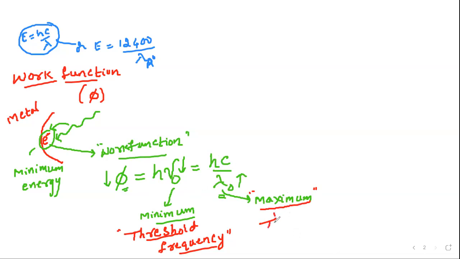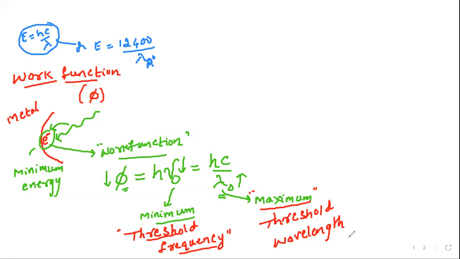That maximum wavelength for which the electron is coming out is what we call the threshold wavelength. Please remember, threshold wavelength is the maximum wavelength for which the photoelectric effect takes place, and threshold frequency is the minimum frequency required for the emission of electron.